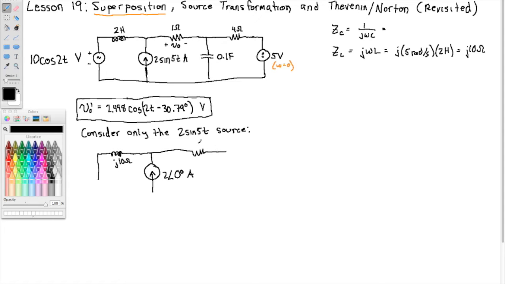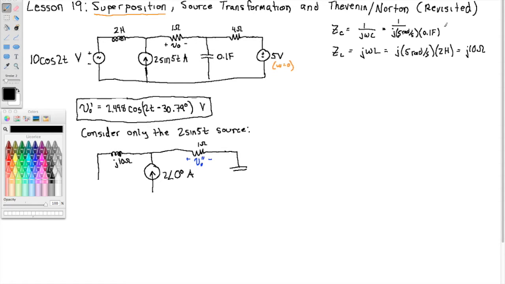Here's the resistor. The resistor is still just 1 ohm, and the voltage across it, I'm going to call that V0 double prime. Now the impedance of the capacitor, 1 over j times 5 rad per second times 0.1 farad. So 0.1 times 5 is 0.5, or 1/2. 1 over 1/2 is 2.